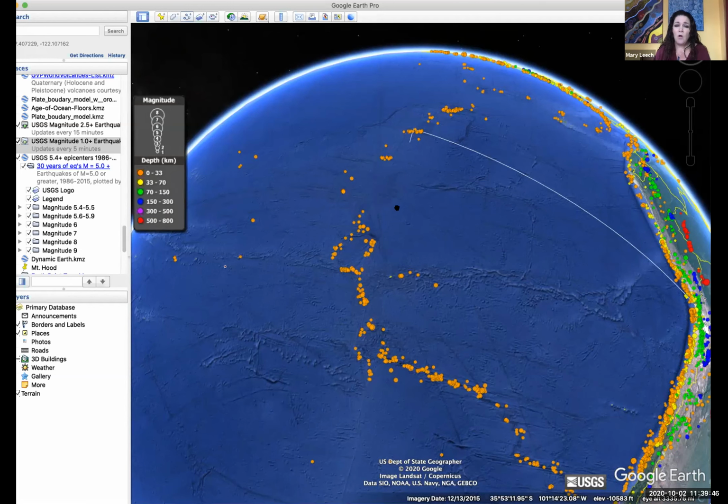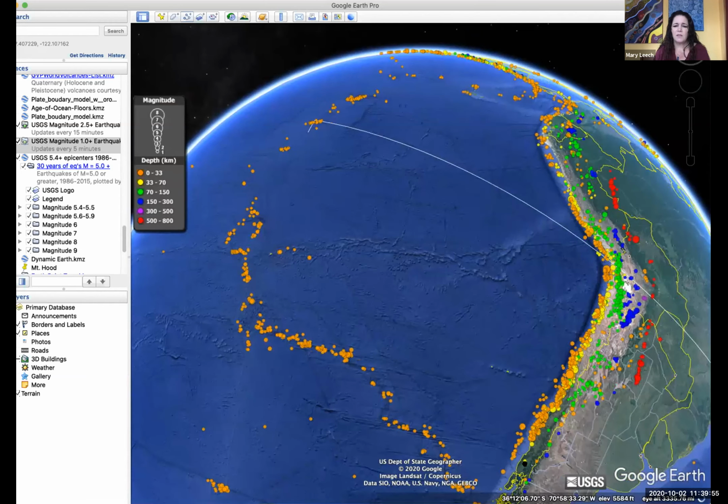They're all orange, so that means they're all shallow. That's different from over here at the trench where you see all of the colors. You see shallow closest to the trench, then they get gradually deeper inland. Do you see that?